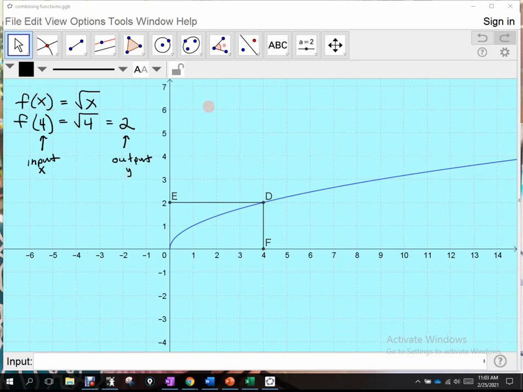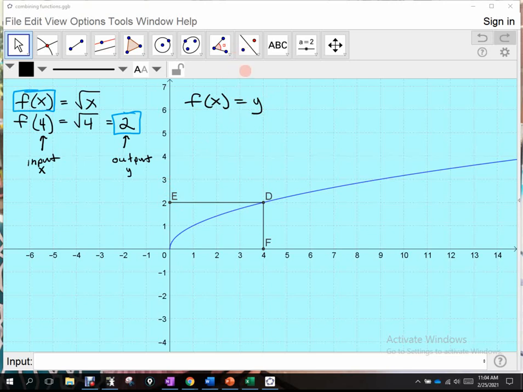But this notation that we've used, f of x, we've written that f of x equals y. Would you agree with that? If f of 4 equals 2, is 2 the y value? Make sense? So f of x is a y value.